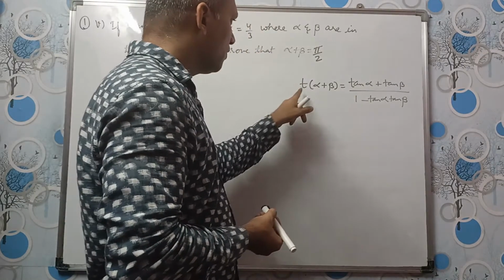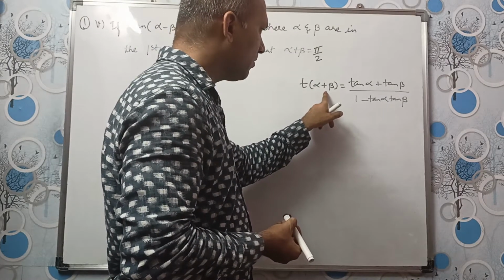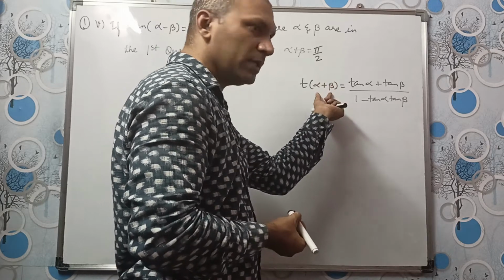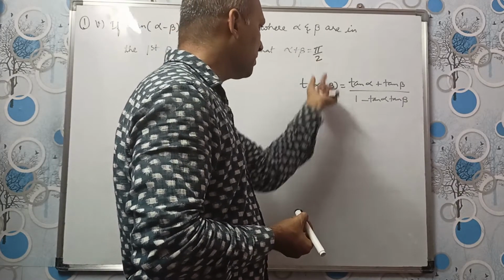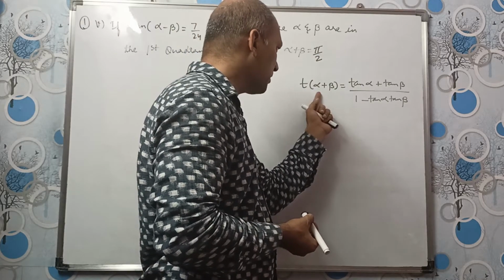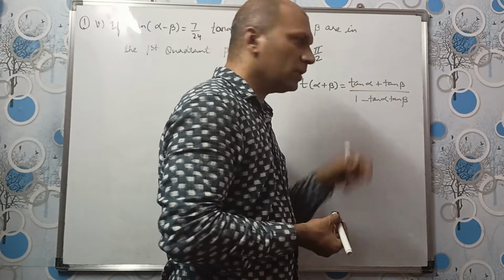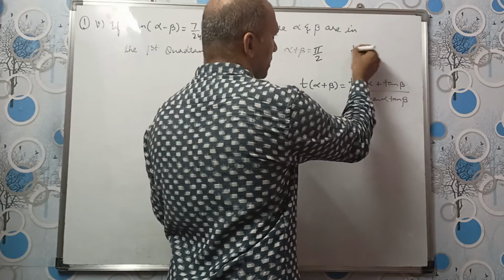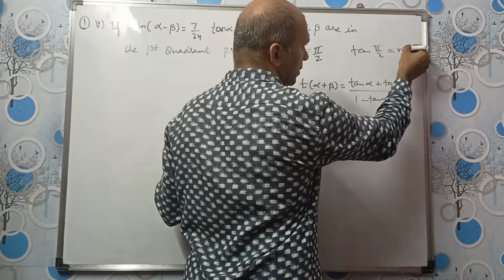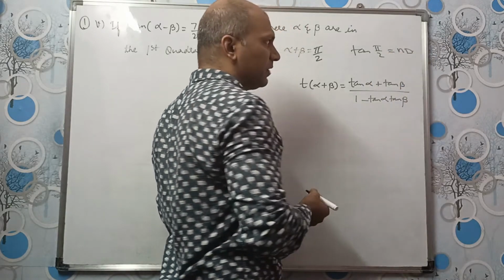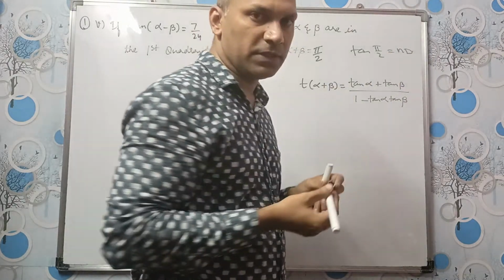So when is tan pi by 2? If alpha plus beta should be pi by 2, then this should be not defined, right? Because tan pi by 2, that is tan 90, is not defined. We cannot find its value, right? Because 0 will come in the denominator.